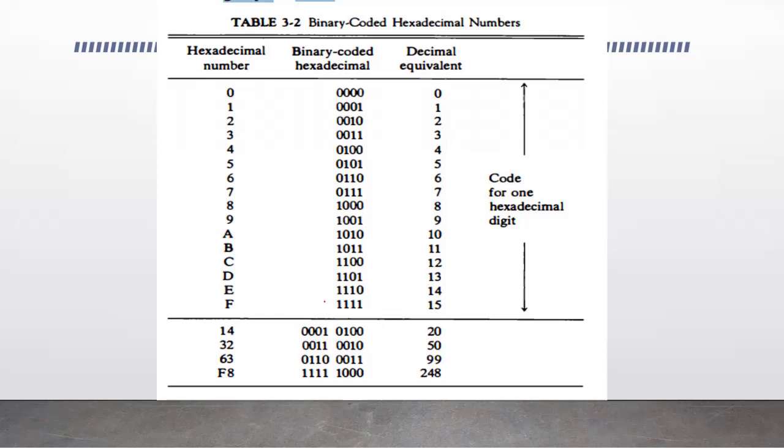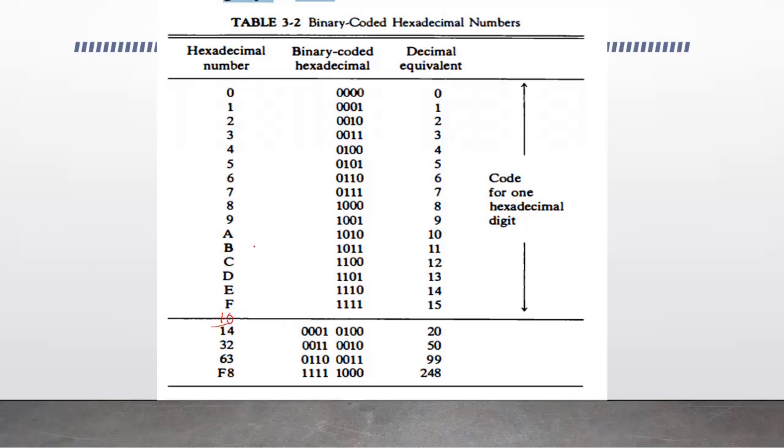This is the binary coded hexadecimal numbers. Here we have the hexadecimal numbers 0 to F, represented with the 4-bit binary equivalent 0000 to 1111. And the next hexadecimal number is 10.